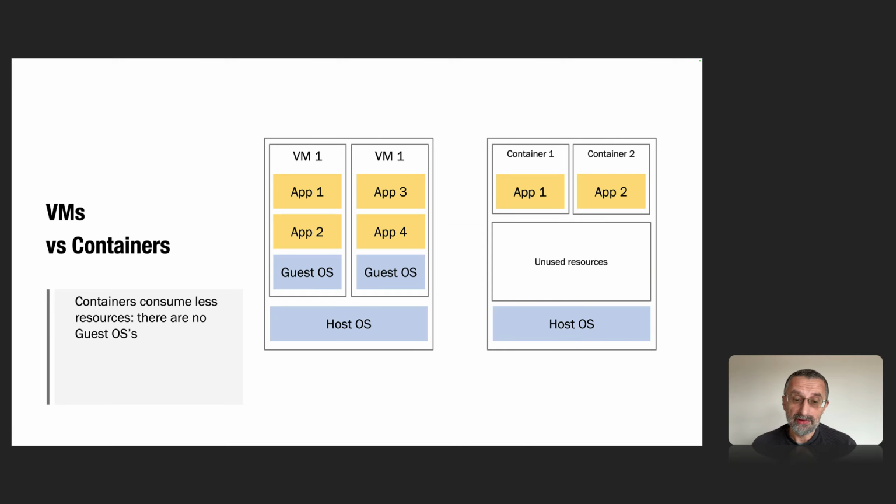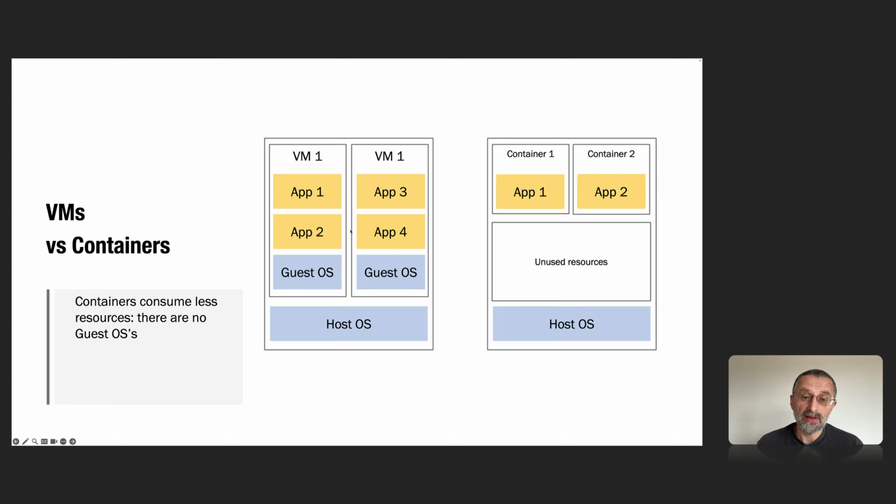When you compare, for example, virtual machines with containers, containers definitely consume fewer resources. There is no guest operating system, so obviously it's very good for computing resources. But if you use the virtual machine approach, each virtual machine runs with its own guest OS, and they are logically separated.